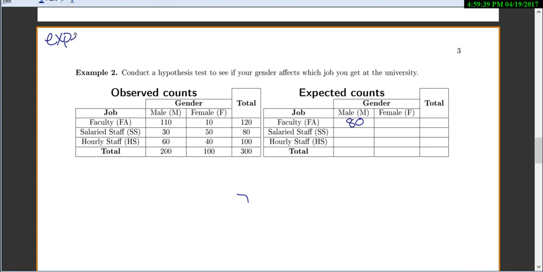It's easiest to find your expected counts first, in case they're too small and you say, I just can't do this test. So expected counts are row total times column total over your grand total.